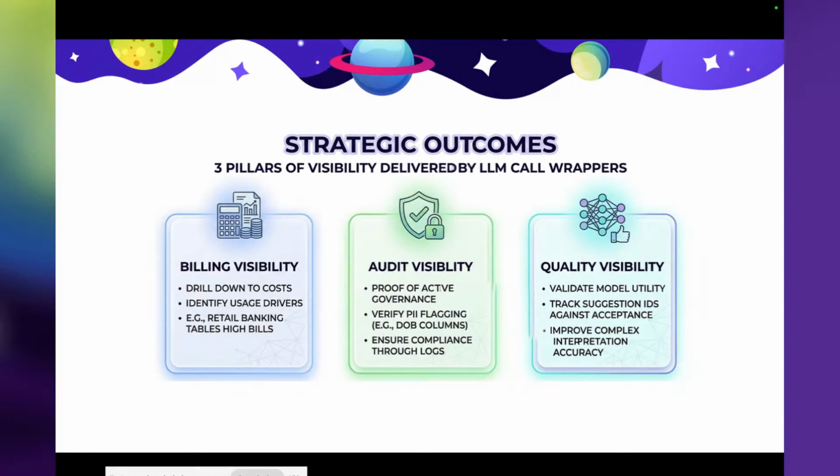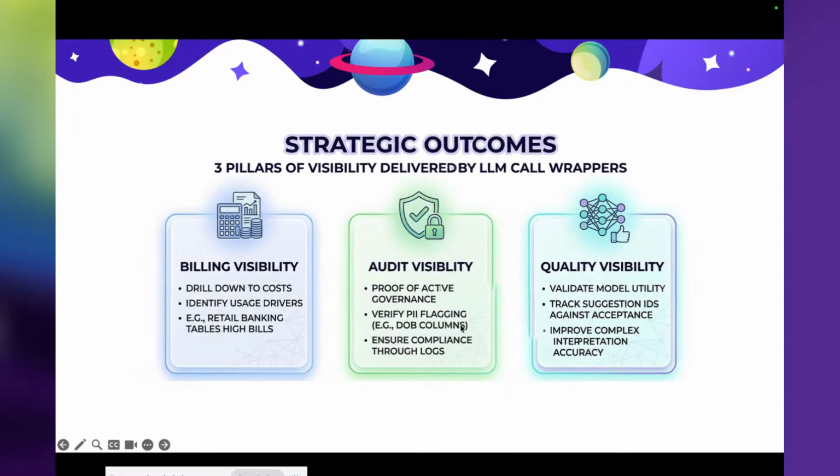First comes billing visibility, where we move from completely unpredictable cloud bills to precise chargebacks. So we know exactly which department is driving the usage and which business unit the cost is associated with. That's one beauty. And the other thing is audit visibility.